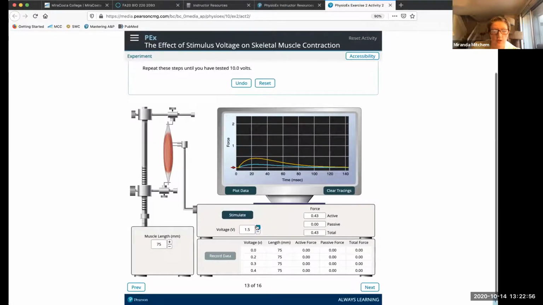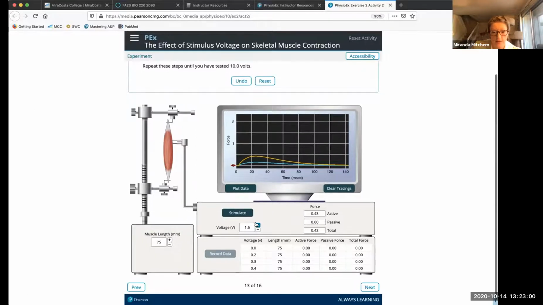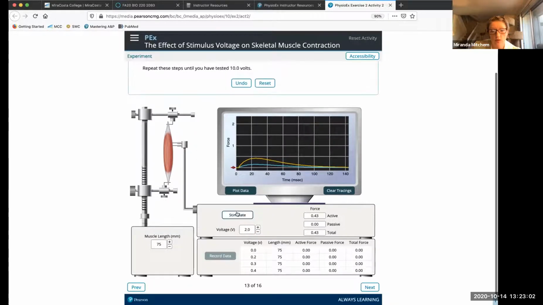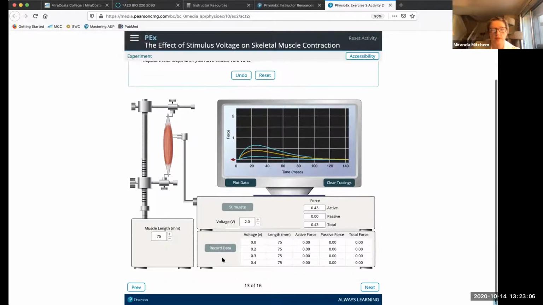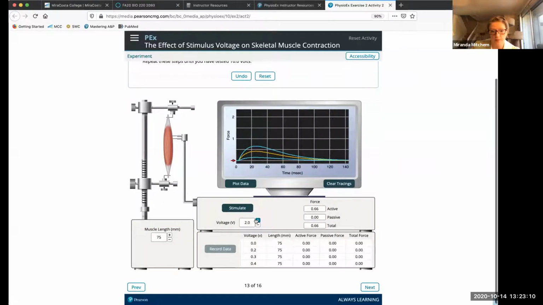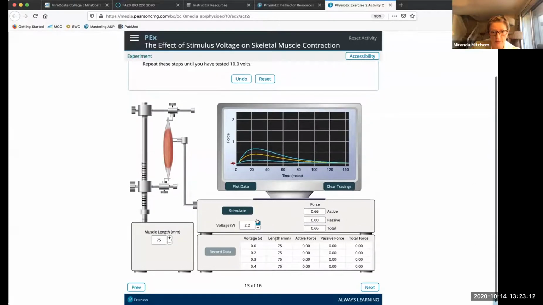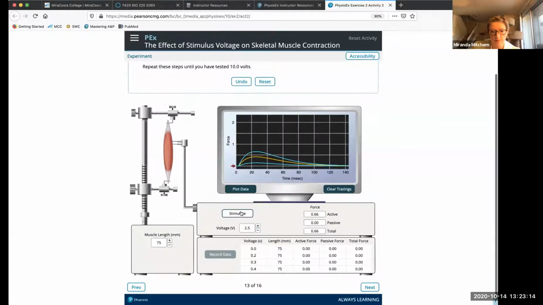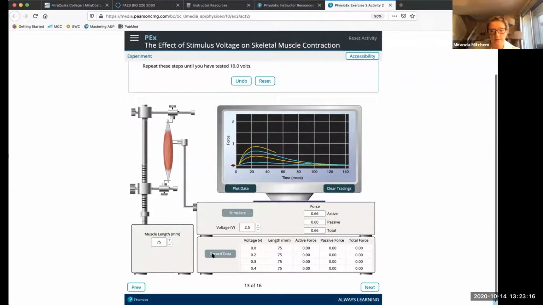We're going to do this until we get to 10, is what the instructions say. So we're going to go to 2, stimulate. Record. 2.5, stimulate. Record.